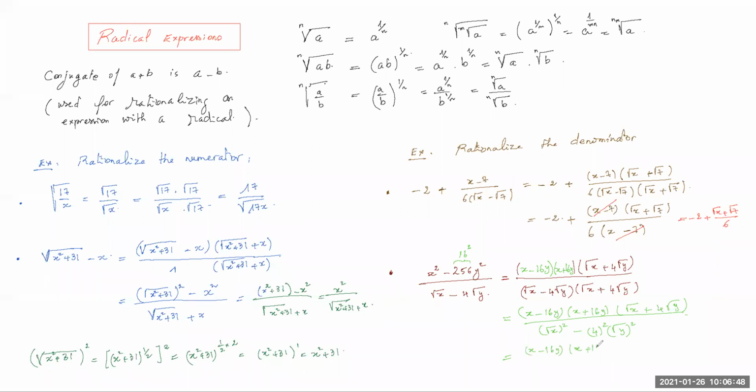I write it again. Over x minus 16y. And I see I can simplify my expression by this term, oh sorry, not this one, this one with this one, and get a denominator 1. So yeah, my fraction is rationalized.